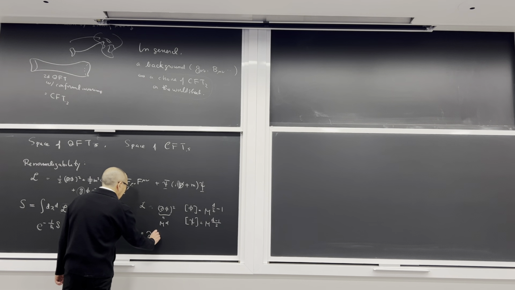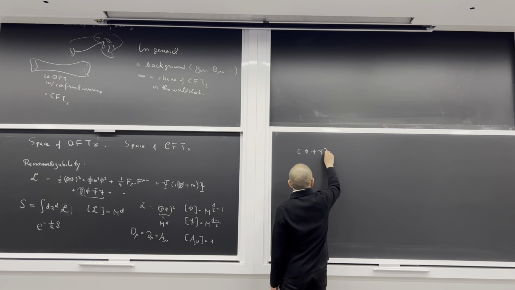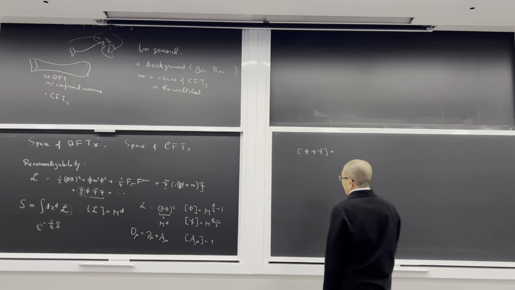Okay? So you can set this up. Then you can count, for example, what is the mass dimension of this coupling. So for example, from this we can count the phi psi bar psi Yukawa coupling. What is the dimension of the Yukawa coupling?